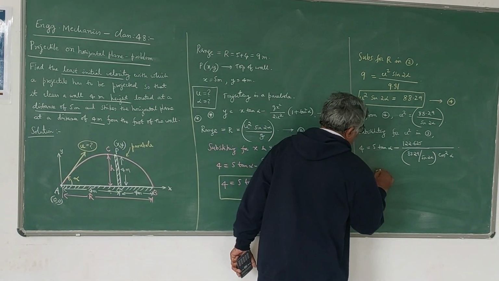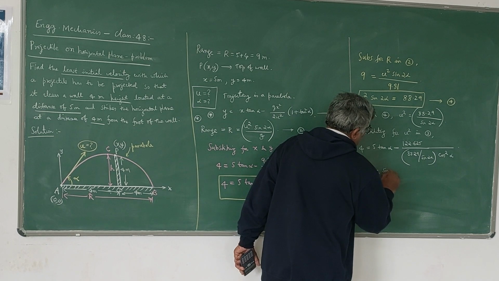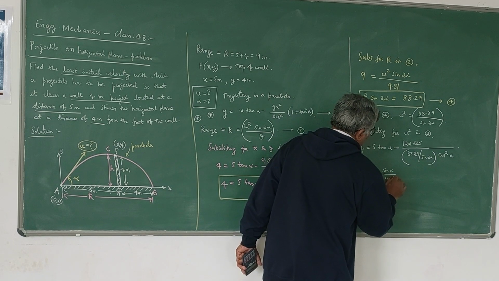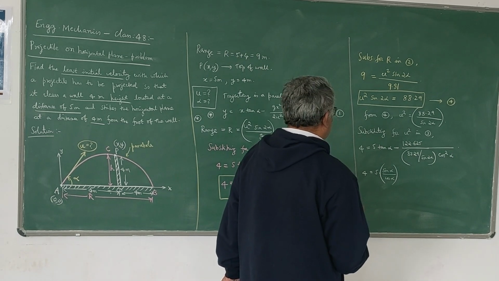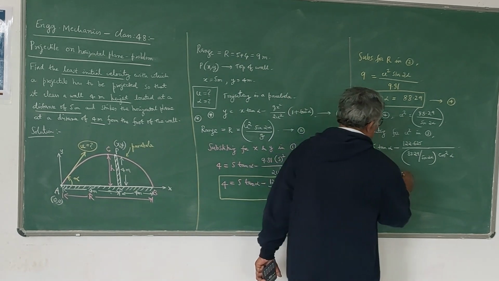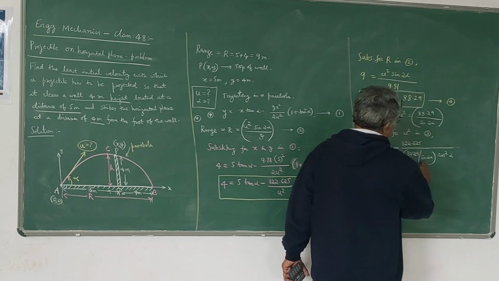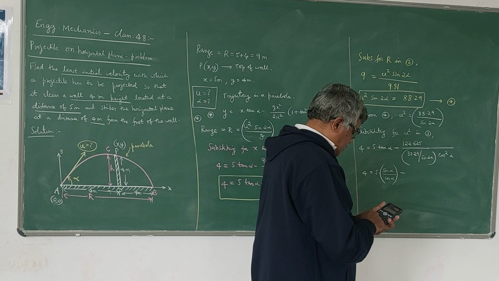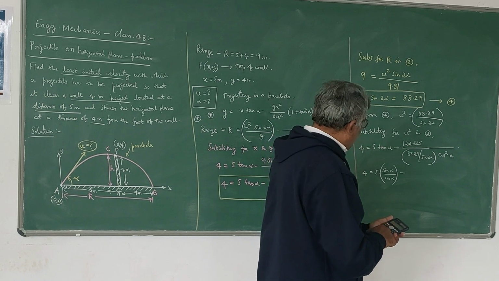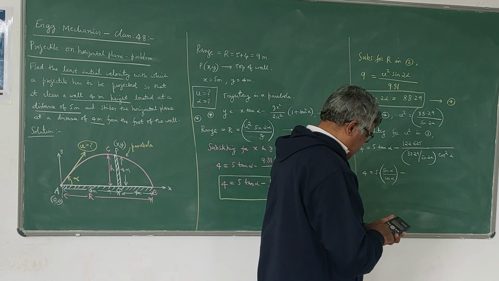4 is equal to 5 into sin alpha by cos alpha, minus, let me simplify this, 122.625 divided by 88.29.